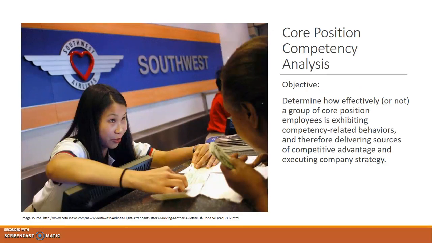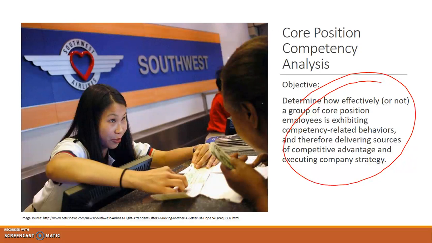Next, after you've done your job design analysis, you're going to do a competency analysis. The objective here in this competency analysis is to determine how effectively or not a group of core position employees is exhibiting competency-related behaviors and therefore helping to deliver the sources of competitive advantage and executing the company's strategy.